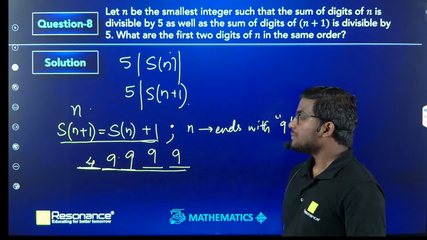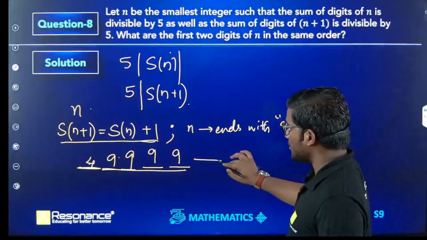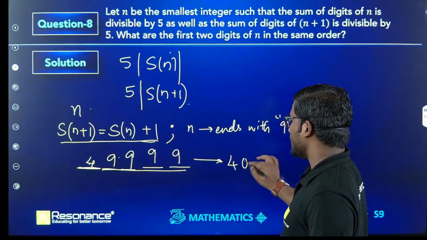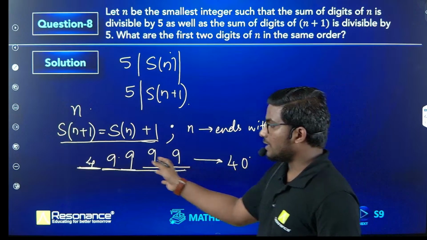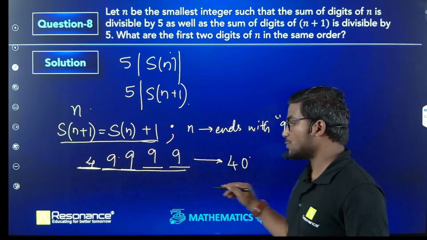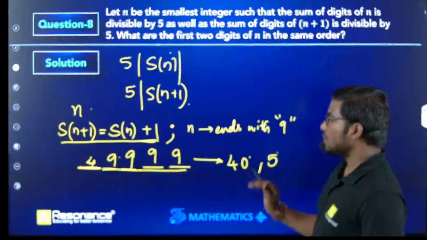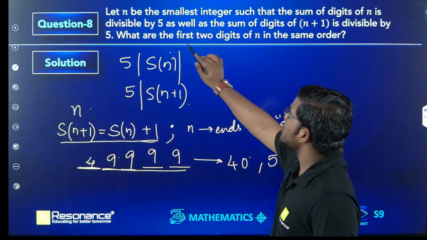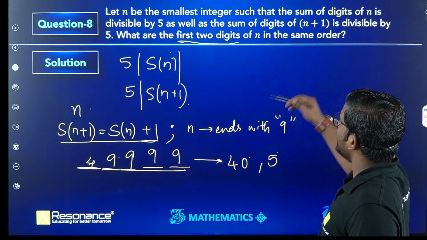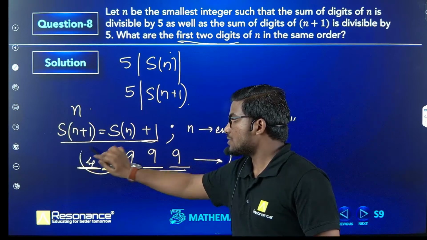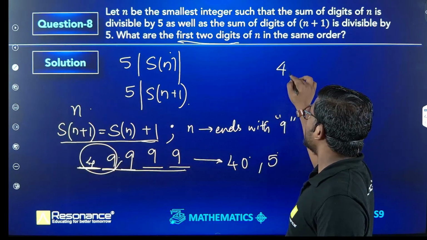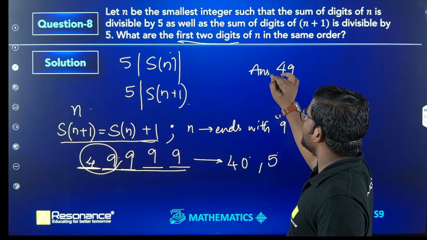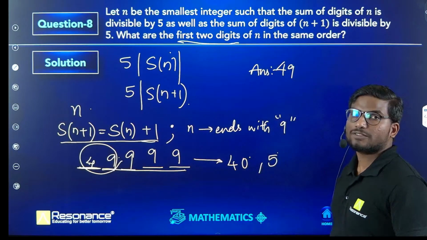Now it can be easily verified that the sum of the digits here is 40, and when 1 is added to it, it turns into 50,000, where the sum of digits would be 5. So this is the smallest such integer, and the first two digits of n in the same order would be 49. So the answer stands at 49 for this question.